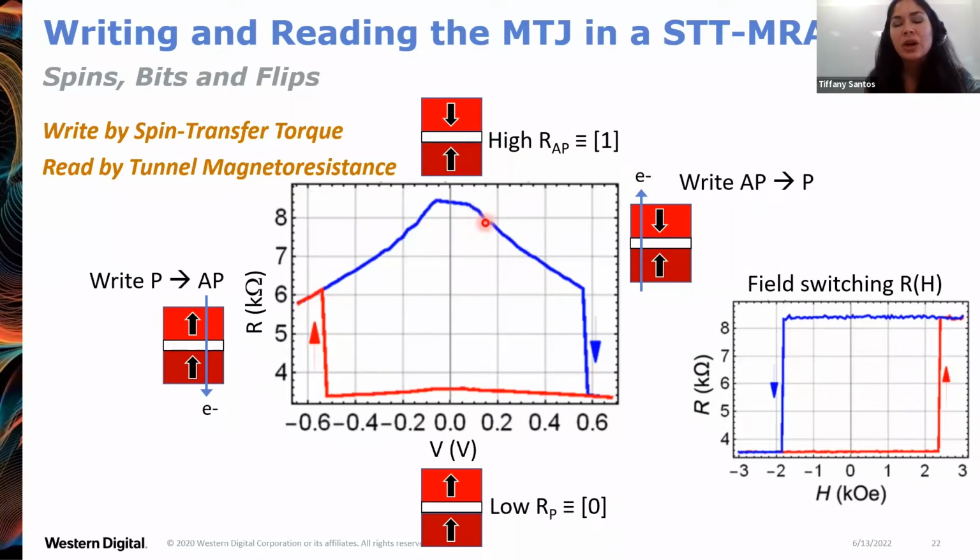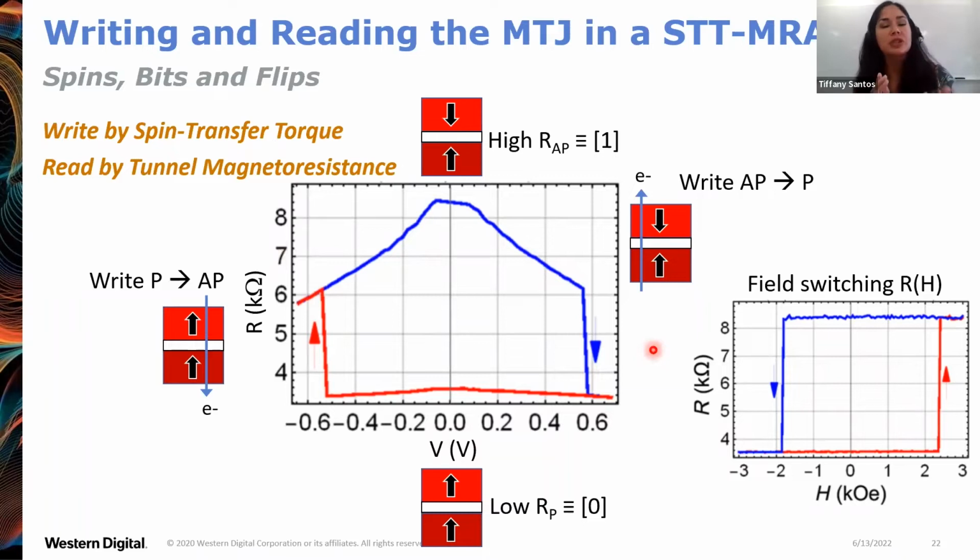But when we want to write and flip from anti-parallel to parallel state, you apply a voltage surpassing the critical voltage for flipping till we get to the low resistance state, for example, a written bit of 0, where the two ferromagnets are parallel. Then if you want to flip back to the anti-parallel state, you apply a bias of opposite polarity to get back to the anti-parallel or high resistance state.